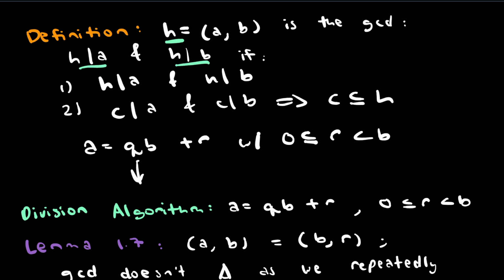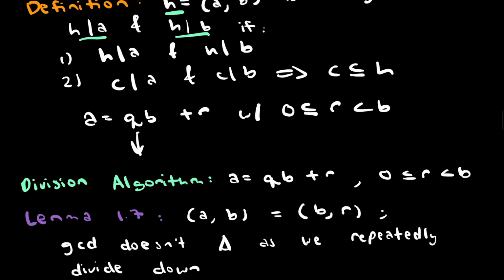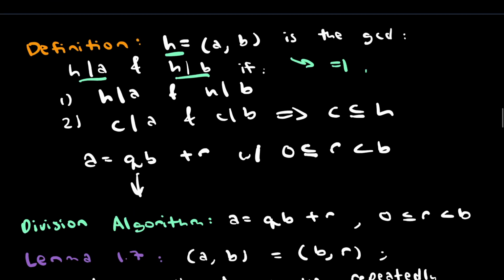And when that greatest common divisor is equal to 1, we can call a and b coprime.